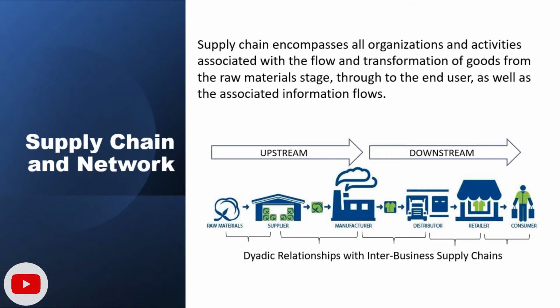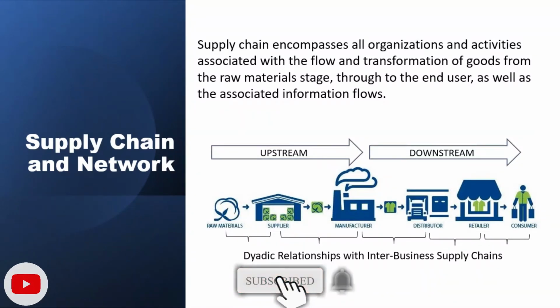So there are two flows, upstream and downstream. What comes in upstream? Raw materials, suppliers, manufacturer. This is upstream. So what is downstream? Distributor, retailer, consumer. And logistics acts as an intermediate in all these activities.